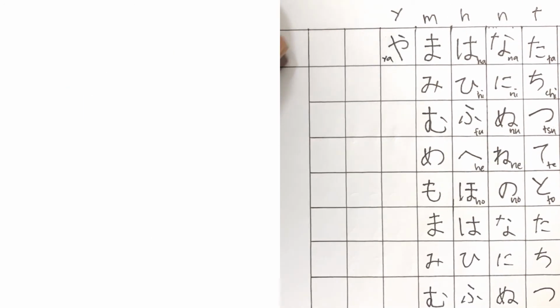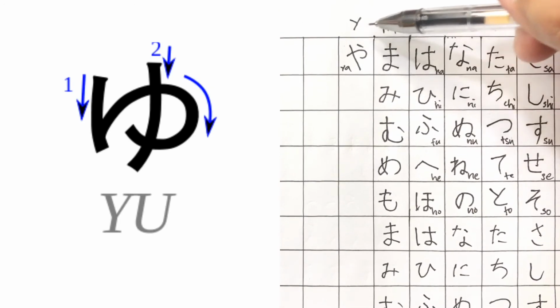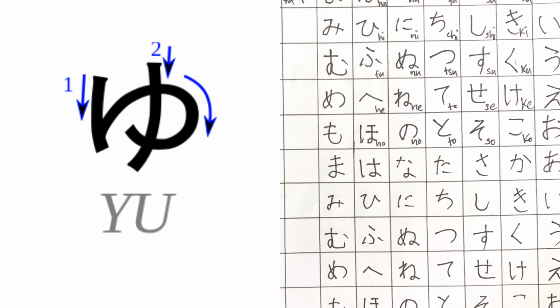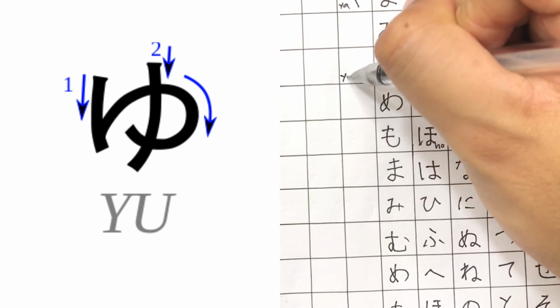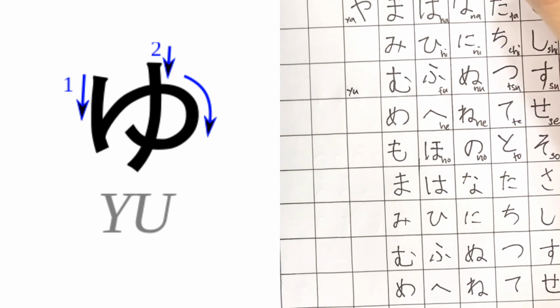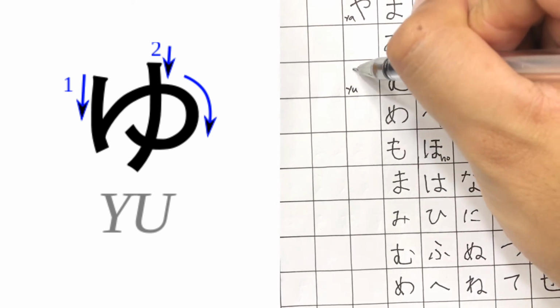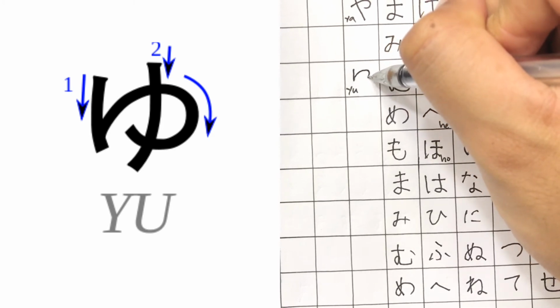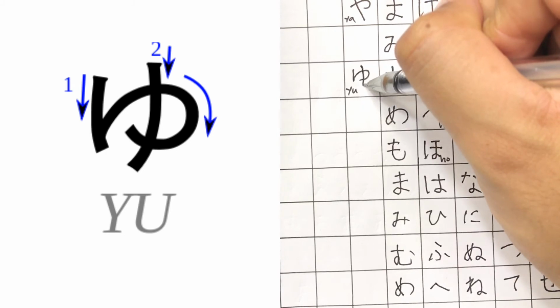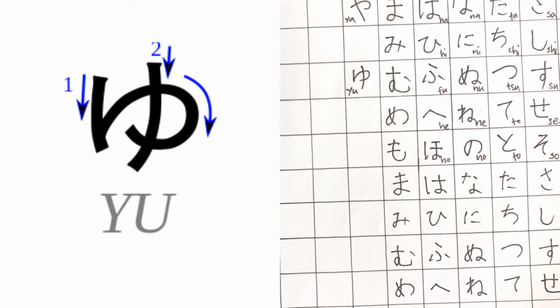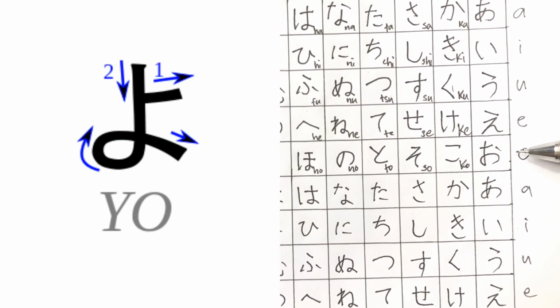The next character will be Y plus U. It will become yu. Yu has 2 strokes, 1 and 2. Yu.